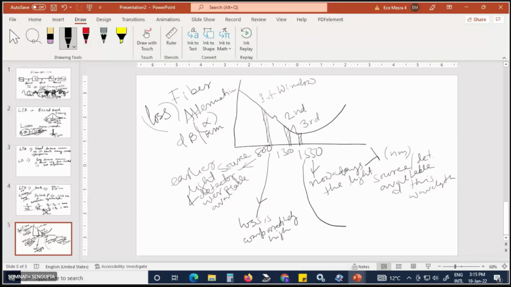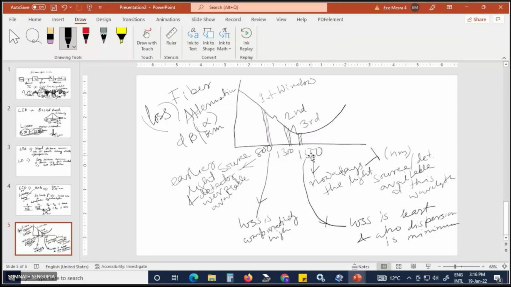But at this wavelength, loss is least and also dispersion is minimum. Understand? Yes, sir. So that's why the wavelength that is chosen nowadays is 1550 nanometer.